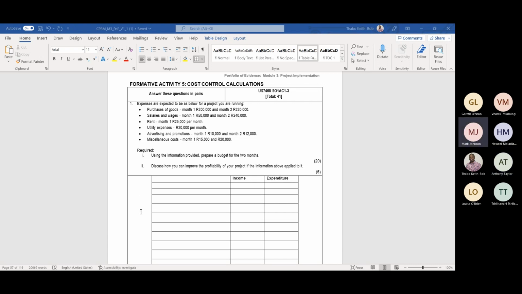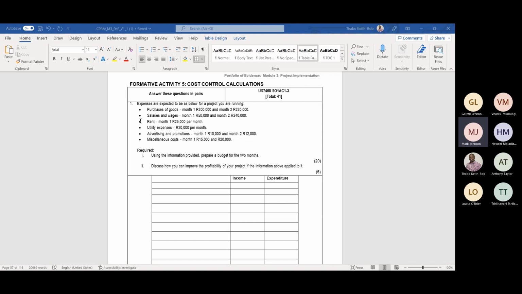What I'm looking at is that the table obviously has something to do with, I haven't gone to reference, but basically what I'm understanding, they're using the word budget, and in a budget there's a table, your income, which you'll get from your sponsors and whoever's investing in the project, and your expenditure can't exceed what you've got.